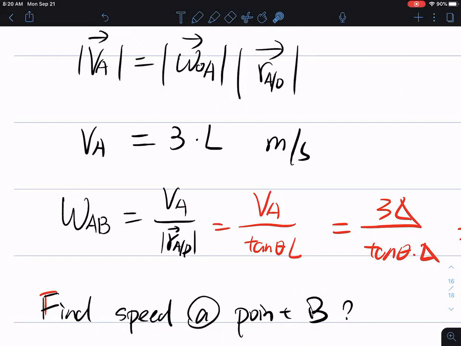It only tells you the magnitude of that angular speed, which is this, 3 over tangent theta. And in this course, we all agree, if the rotation is counterclockwise, omega would be positive. If the rotation is clockwise, omega would be negative. So to decide whether it is positive or negative, you need to look at the diagram to see how that bar is rotating about its instant center.